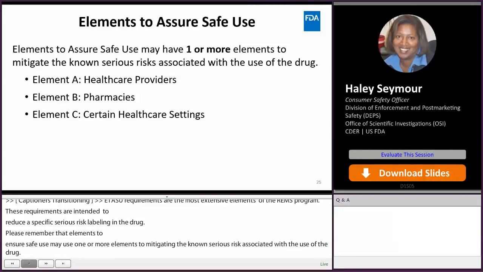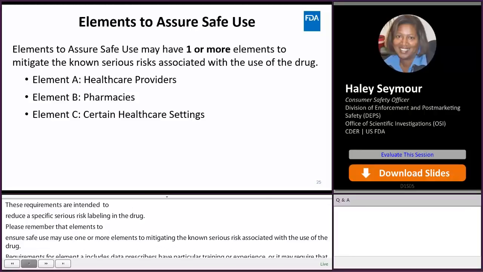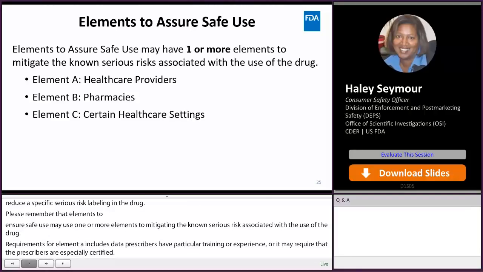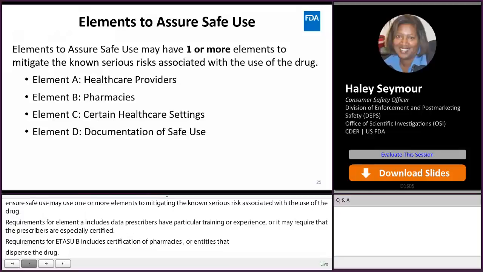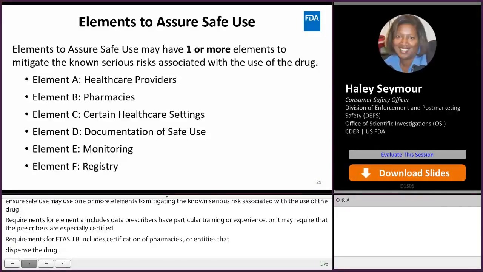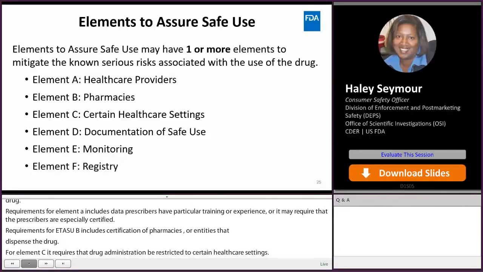For element C, it requires that drug administration be restricted to certain healthcare settings. ETASU D requires documentation of safe use conditions prior to dispensing the drug. ETASU E requires monitoring of patients. And finally, ETASU F requires enrollment of patients in a registry.